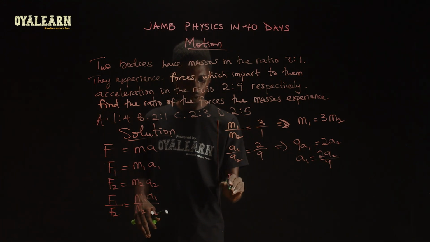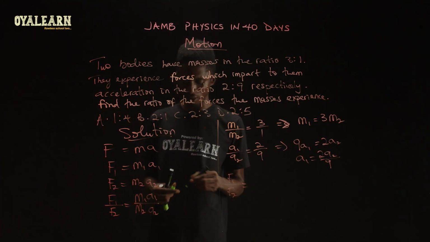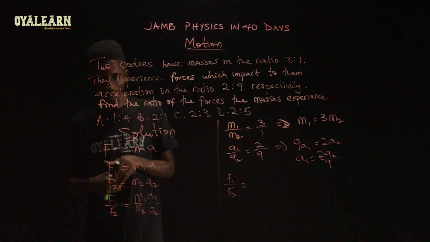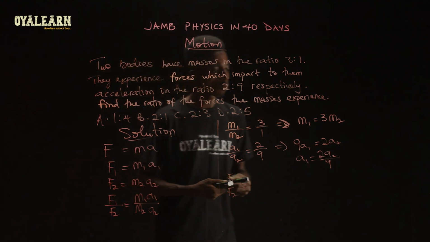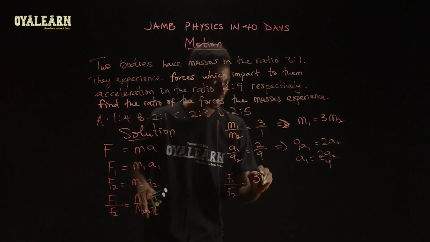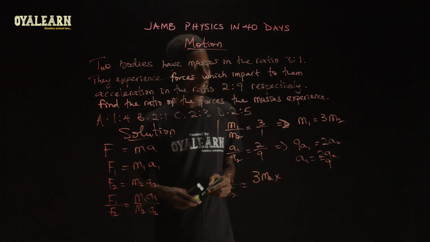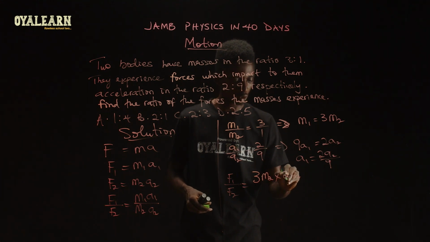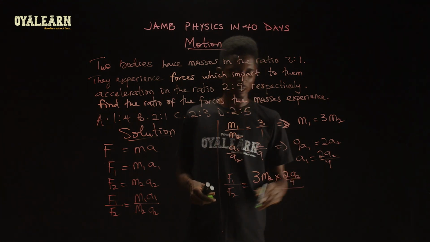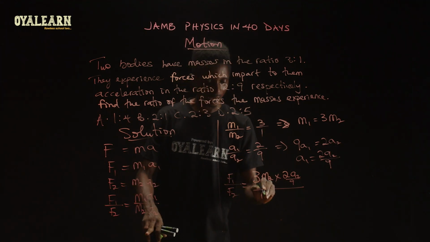Now, let's come to this equation here. F1 over F2 would therefore be, let's put in the values, starting with M1. M1 is 3M2 multiplied by A1, which is 2A2 over 9, all divided by M2A2.